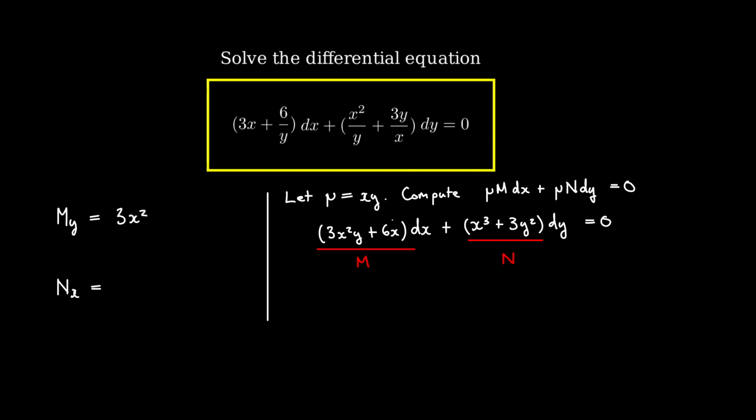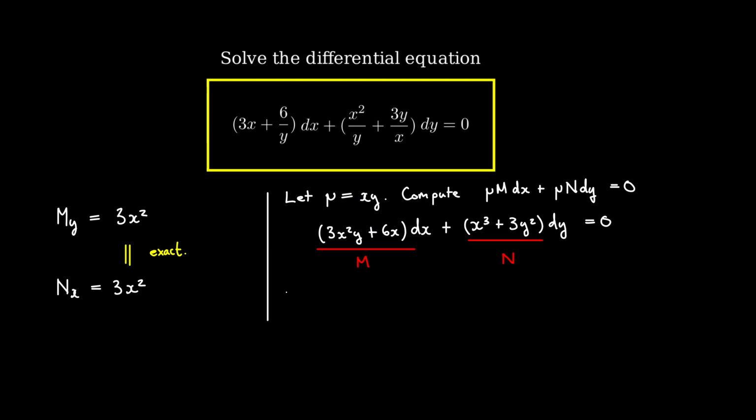And on the right here, if we take the partial derivative of this with respect to x, well, then y is a constant. And so we're just differentiating this x cubed. And so this will also just be 3x squared. And the nice thing about this problem is that this works out. So now because we have equality here, the equation is exact. So that's just from the criteria for exactness.